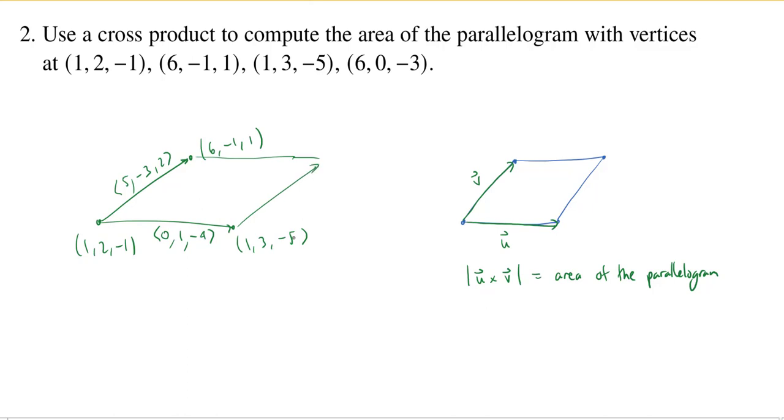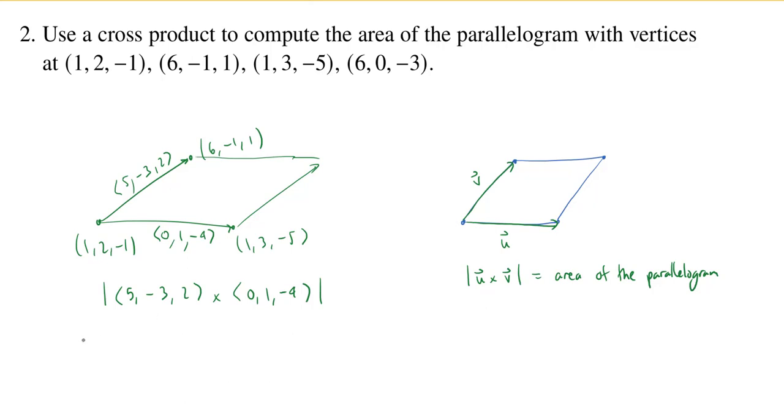And I can compute the area of that parallelogram by simply computing the cross product and then taking the magnitude. So I have the cross product of 5, negative 3, 2 with 0, 1, negative 4. And we actually found in the previous video this cross product, so I refer you back to that. You can get a link in the description.